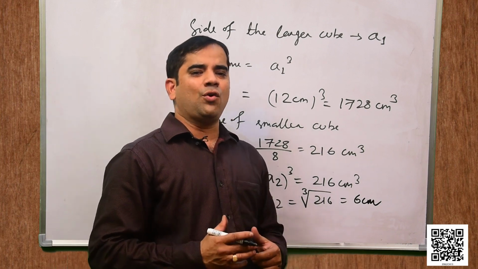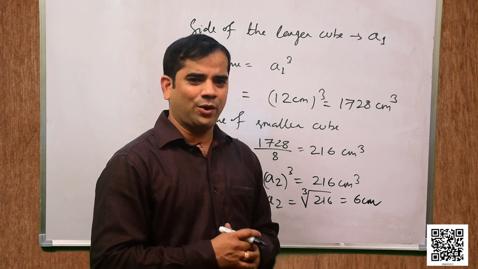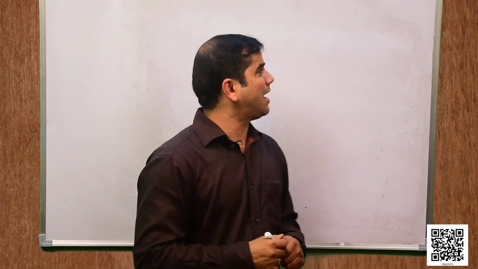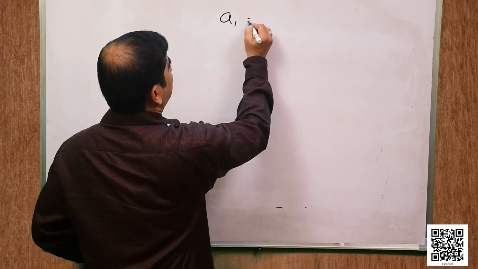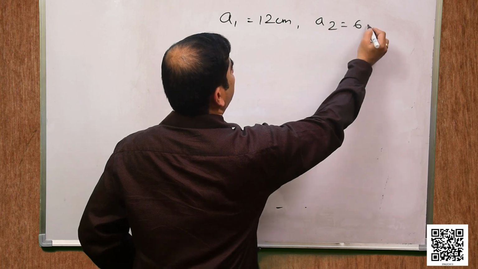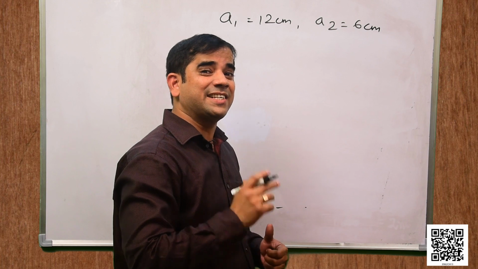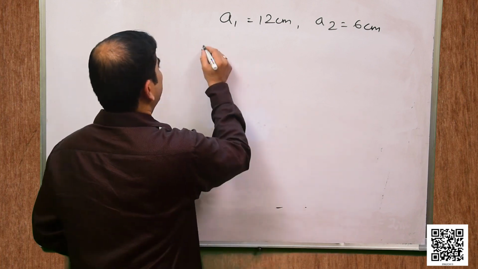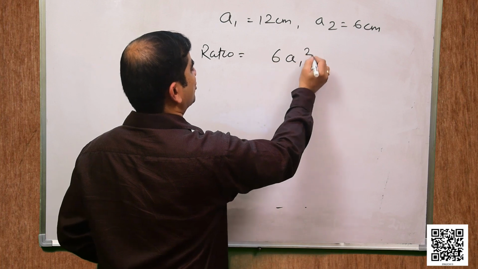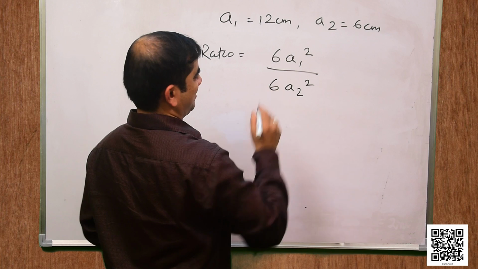Now, we need to find the ratio of their surface areas. Okay, let us find it out. So, students, we have A1 is equal to 12 centimeter and A2 is equal to 6 centimeter. What is the formula for surface area? 6A square. That means ratio is equal to 6A1 square divided by 6A2 square.